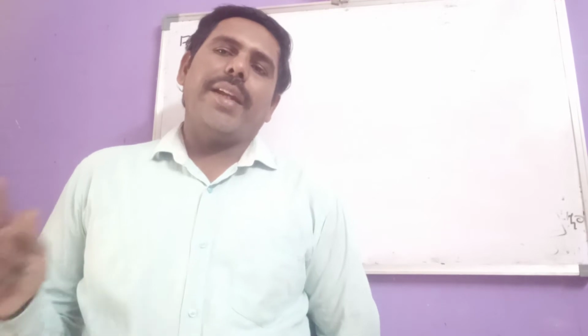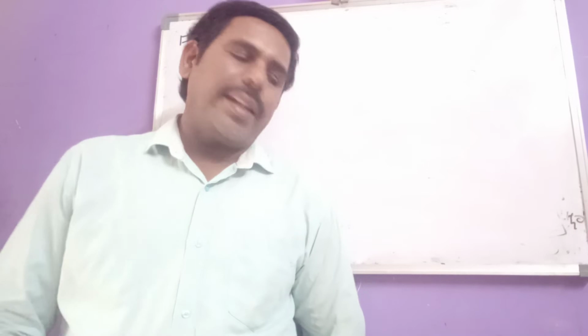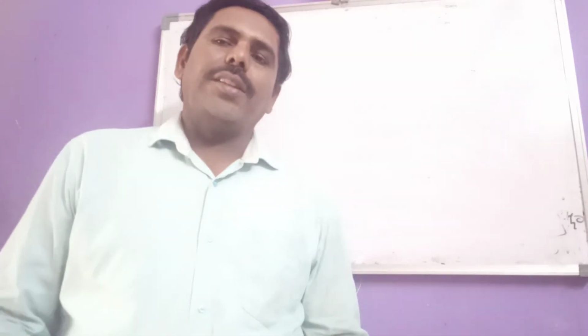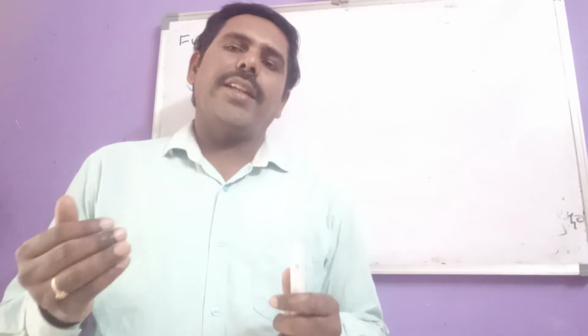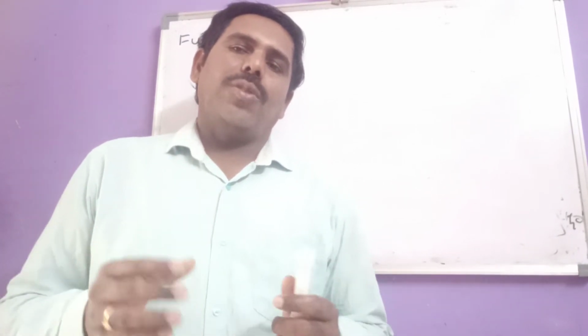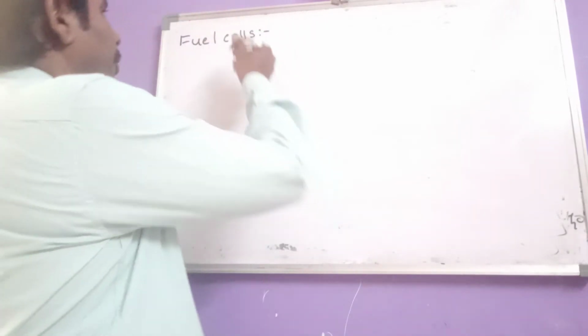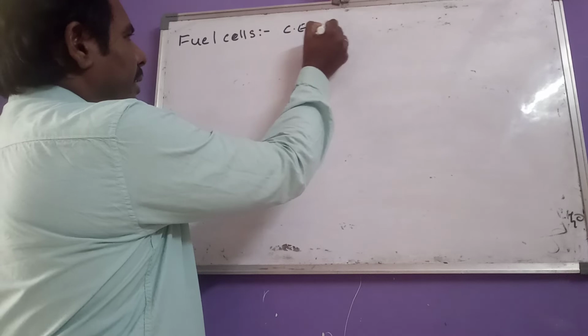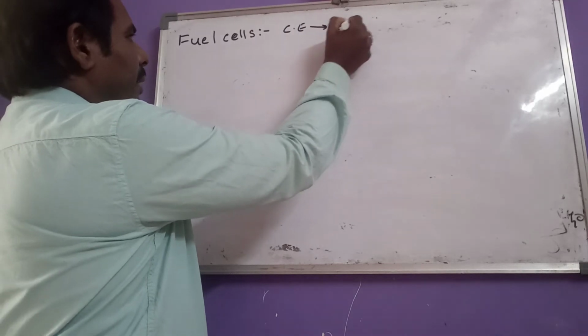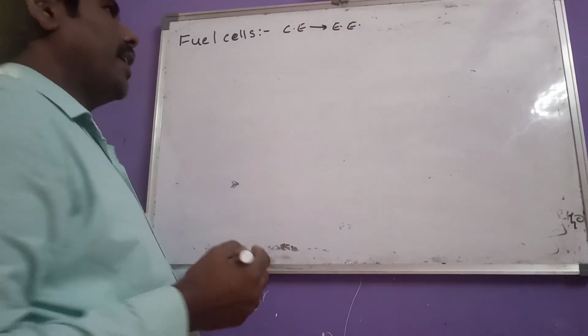That means in fuel cells, the chemical energy directly converts into electrical energy without any multiple steps, directly. That means in a single step. So that's why only efficiency is high. So like that here in fuel cells, that chemical energy in a single step converts into electrical energy.